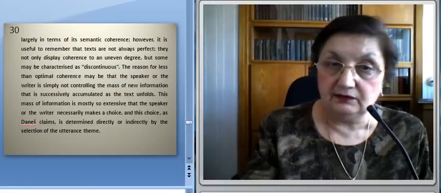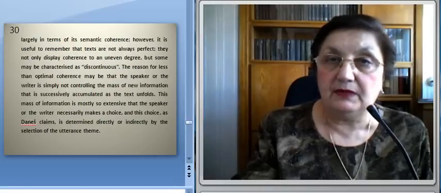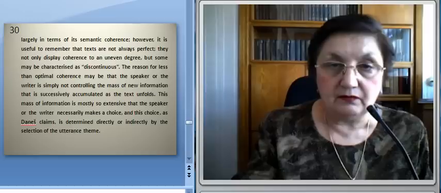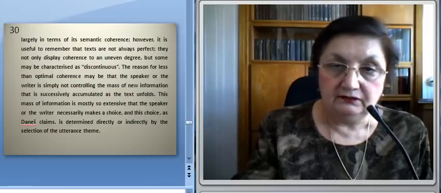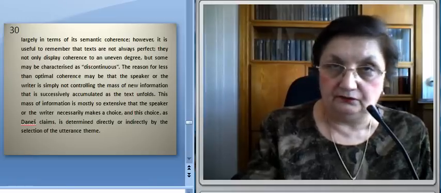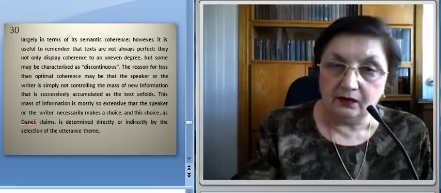The reason for less than optimal coherence may be that the speaker or the writer is simply not controlling the mass of information that is successively accumulated as the text unfolds.